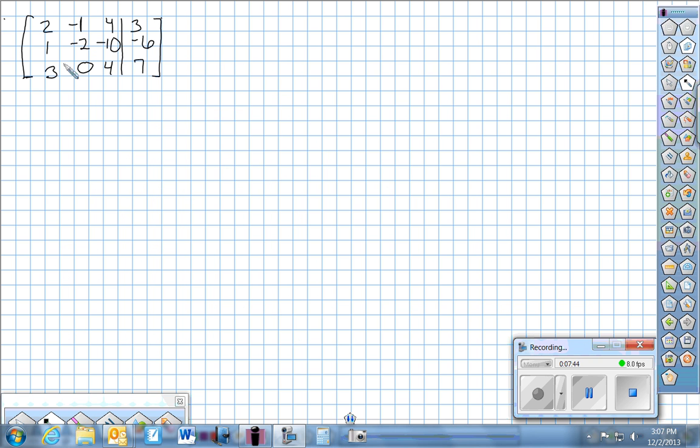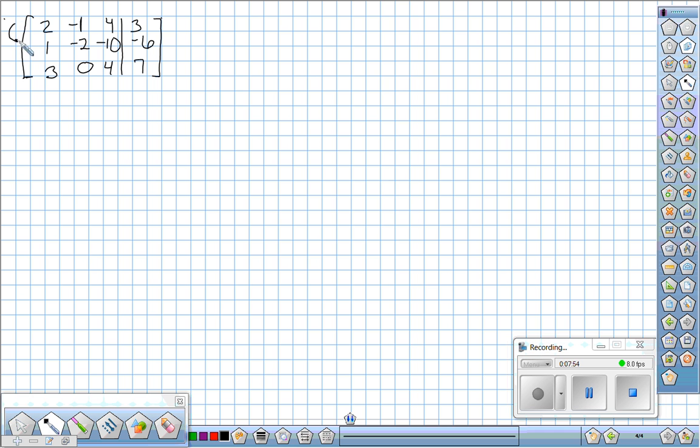Okay, so really what I want to do is try to look for ones, because ones are going to make me happier than anything else. Okay, so this one has a 1 in this space. So basically what I want to do is flip-flop them. So I'm going to write off to the side that my new R1 is equal to my R2, and my new R2 is equal to my old R1.